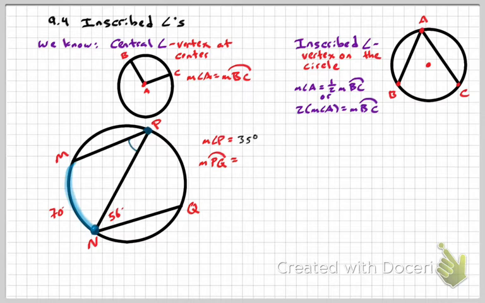Arc PQ, which is here, is being created by angle N. Angle N is 56, so arc PQ is 56 times 2, 112 degrees. Okay? That's simple, guys.